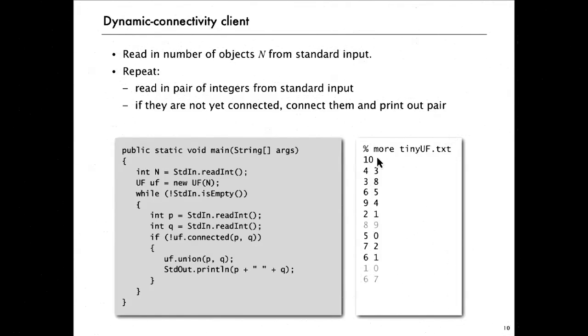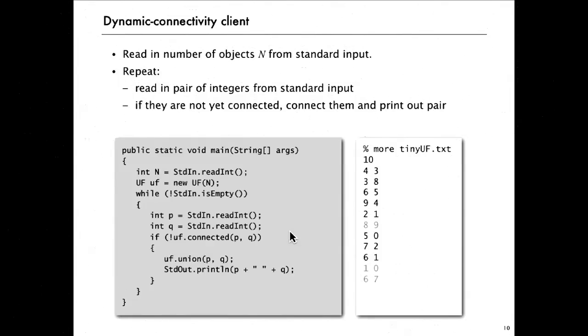First, an integer, which is the number of objects that are going to be processed, and then a series of pairs of object names. What the client does is first read the integer from standard input and create a UF object. Then, as long as standard input is not empty, it reads 2 integers from the input. If they're not connected, then it'll connect them and print them out. If they are connected, it'll ignore them.